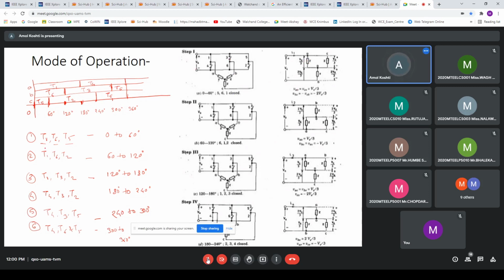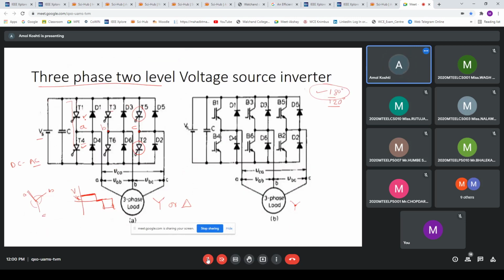For understanding, T1, T3 and T5 are called the upper end switches, and T4, T6 and T2 we call the lower end switches.